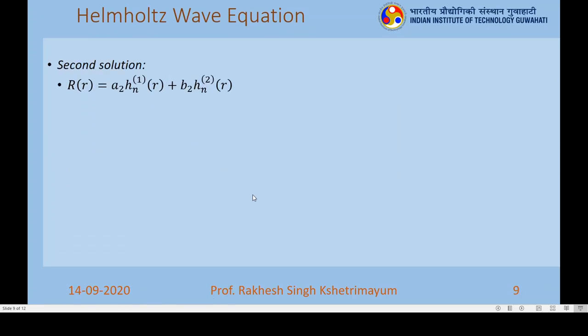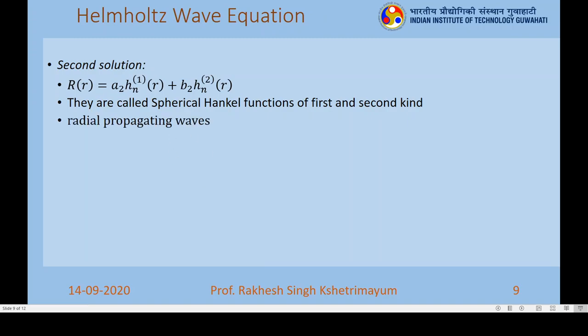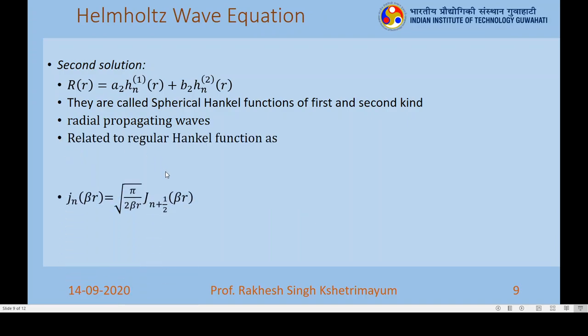The second solution is actually for the propagating waves. We can represent capital R as a combination of hn1 and hn2. Here again we have a small letter. It means that these are spherical Hankel functions of first kind and second kind. They are related to the regular Hankel functions by this relation.